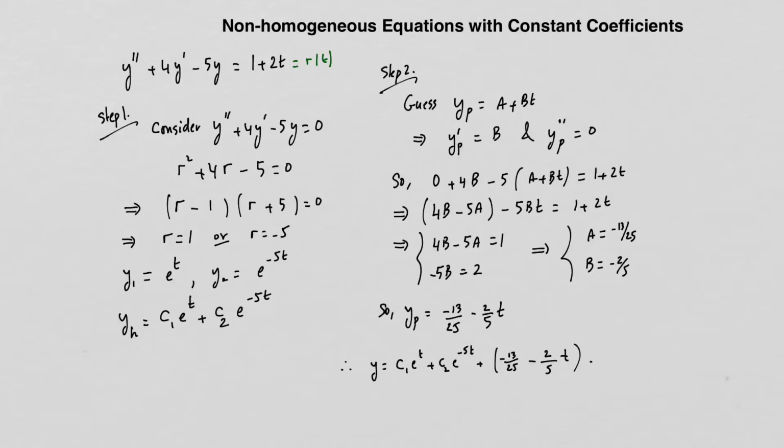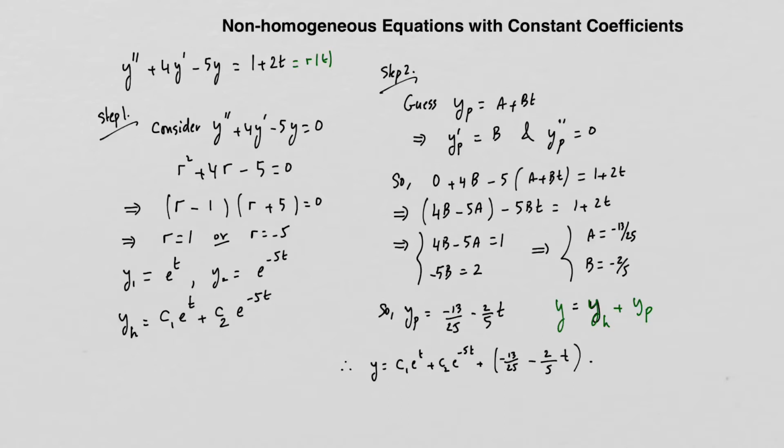So the actual solution to this entire ODE has to be, again, a linear combination. So you have YH plus YP, okay? So my general solution is YH, here it is, plus YP, here it is, and you're done.